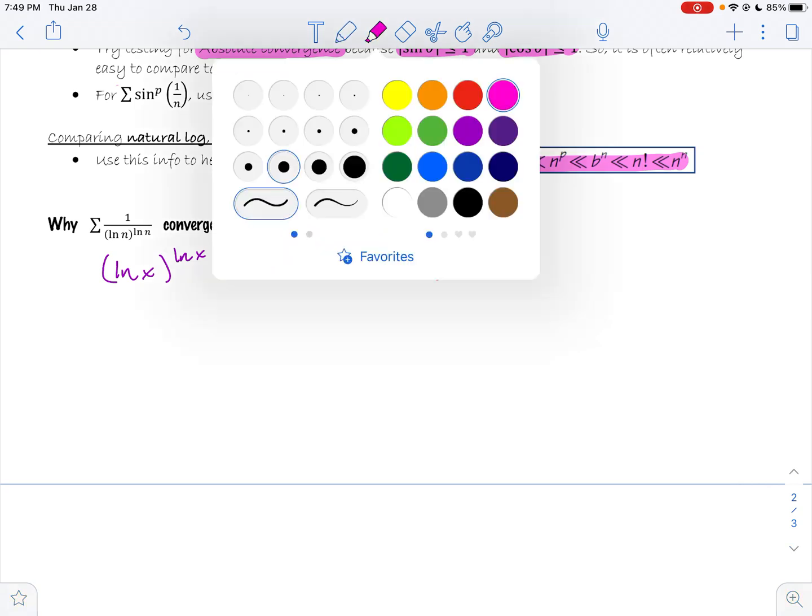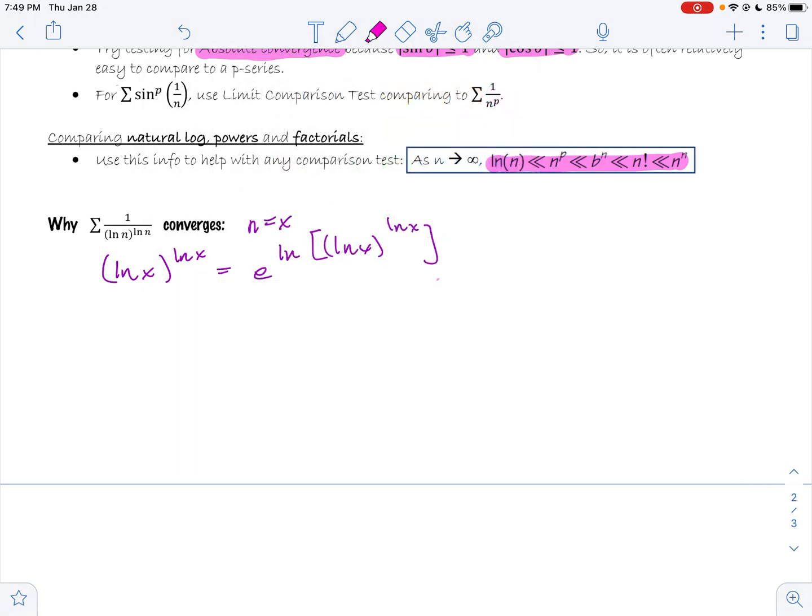And then using the natural log rules, I can bring this down in front. So then that's going to give me e to the natural log of x times the natural log of the natural log of x.